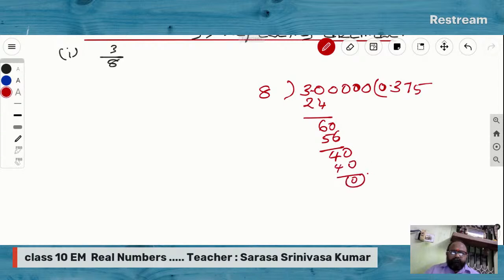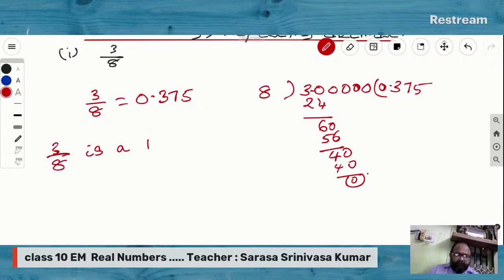So 3 by 8 is equal to 0.375. 0.375 is a terminating decimal.